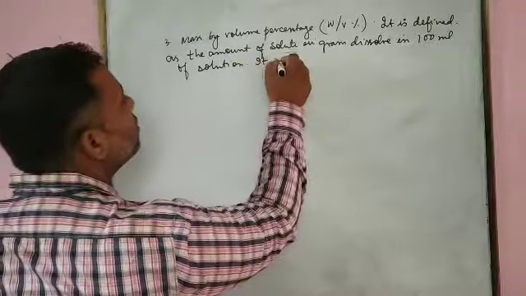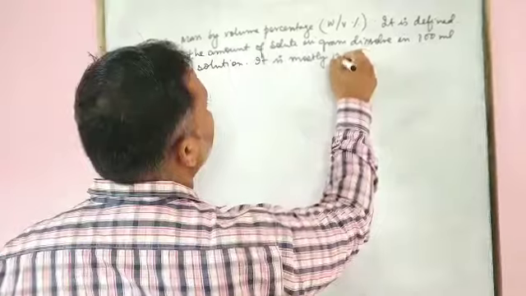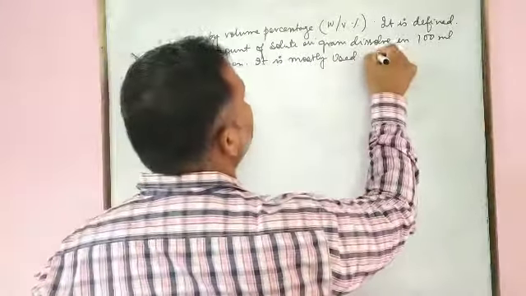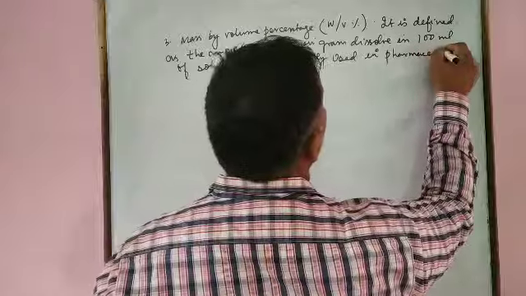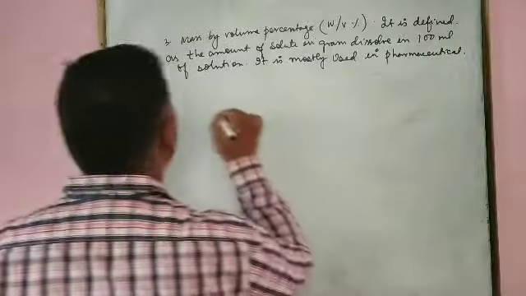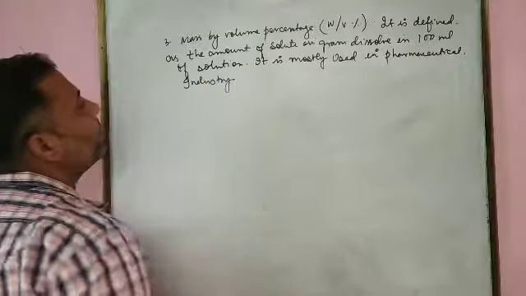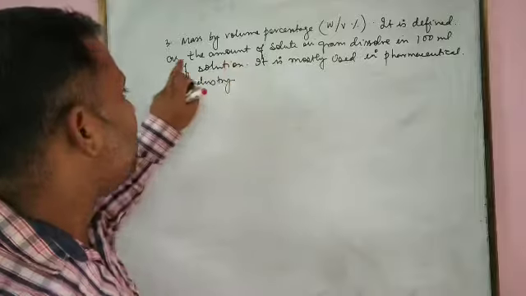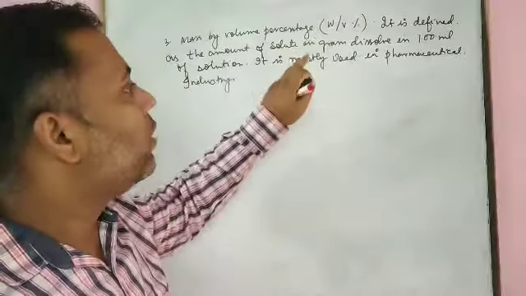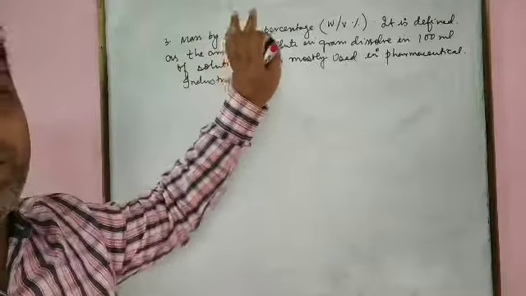It is mostly used in pharmaceutical industry. Mass by volume percentage means the amount of solute dissolved in 100 ml of solution. It is termed as mass by volume percentage.